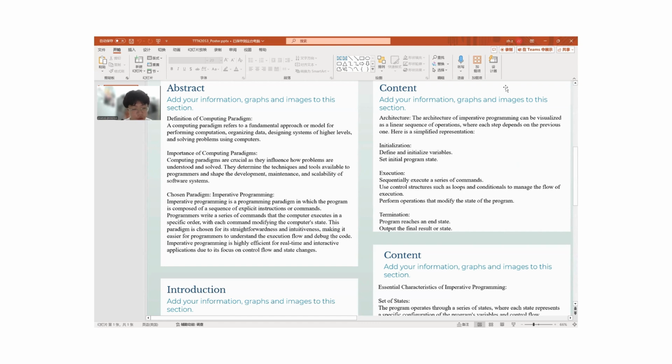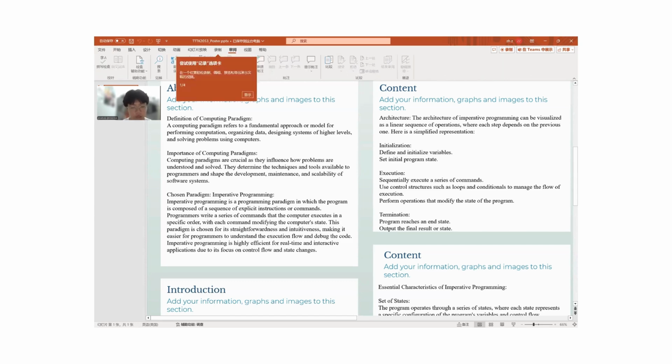This paradigm is chosen for its straightforwardness and intuitiveness, making it easier for programmers to understand the execution flow and debug the code. Imperative programming is highly efficient for real-time and interactive applications due to its focus on control flow and state change.